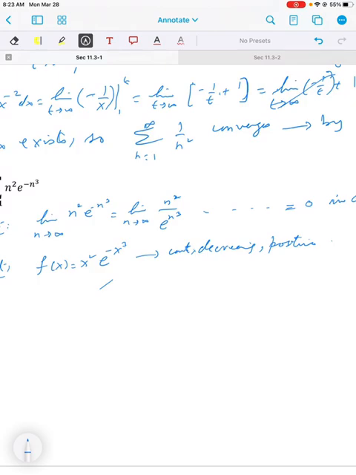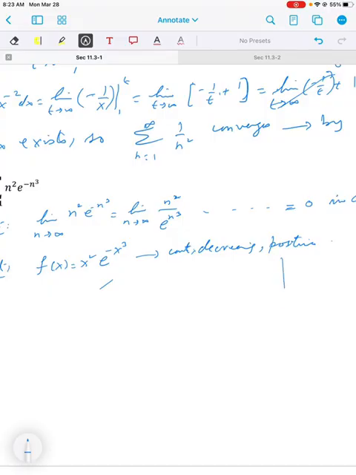The graph looks like, so we have x squared times e to the negative x cubed.